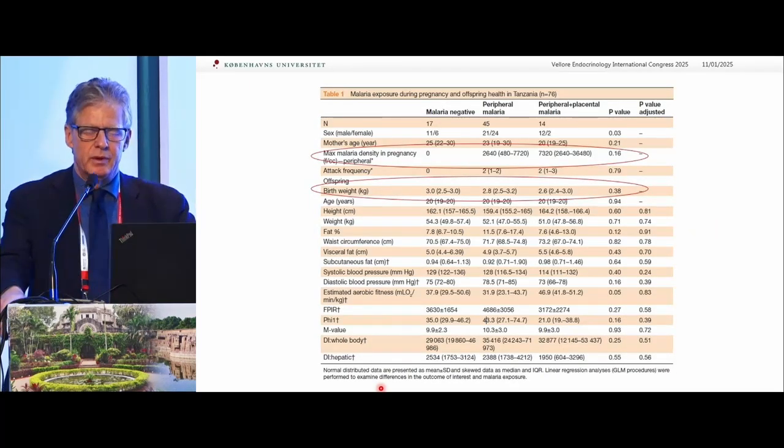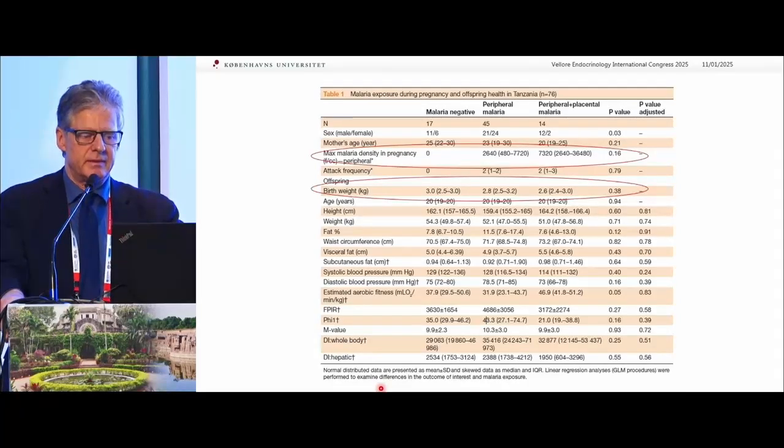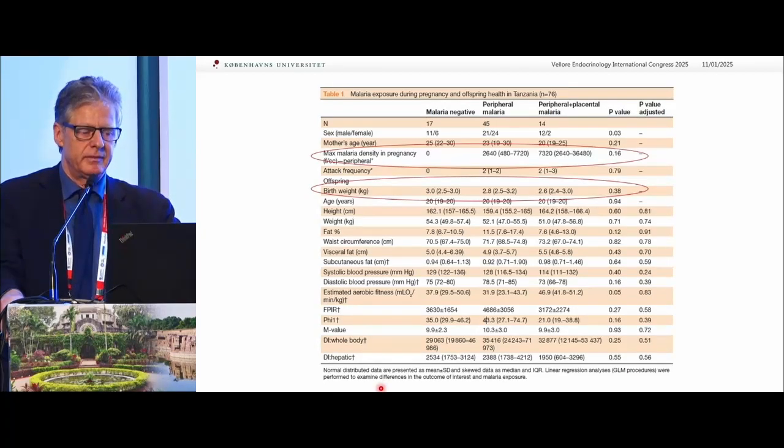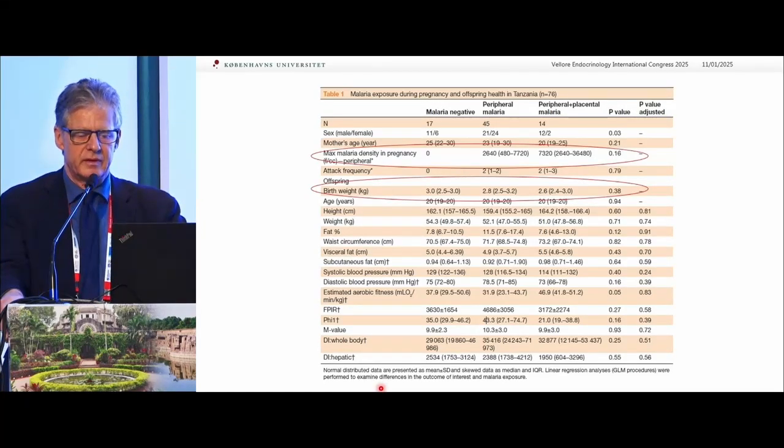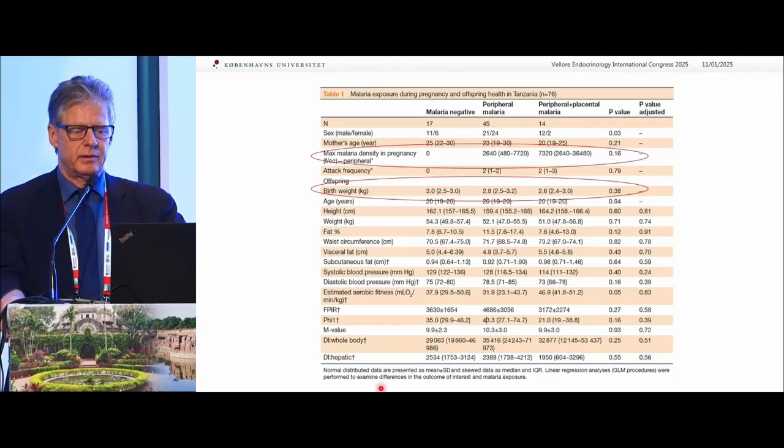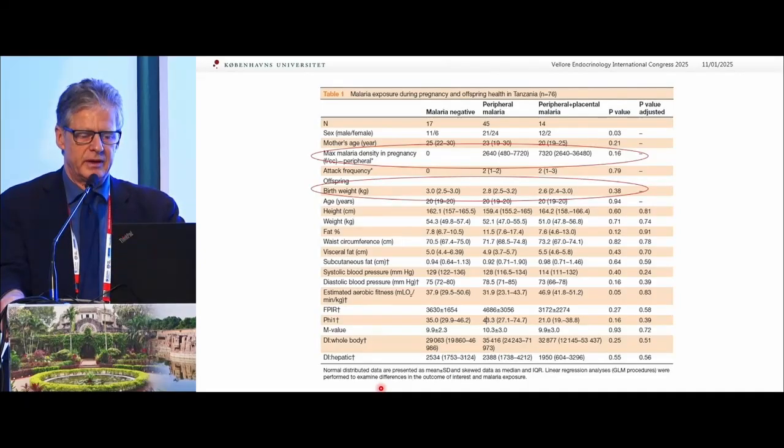If we look at the background data here, I've circled a couple of results showing that malaria density in pregnancy was a little bit different, but not significantly, between those who had peripheral malaria and those who had peripheral and placental malaria.